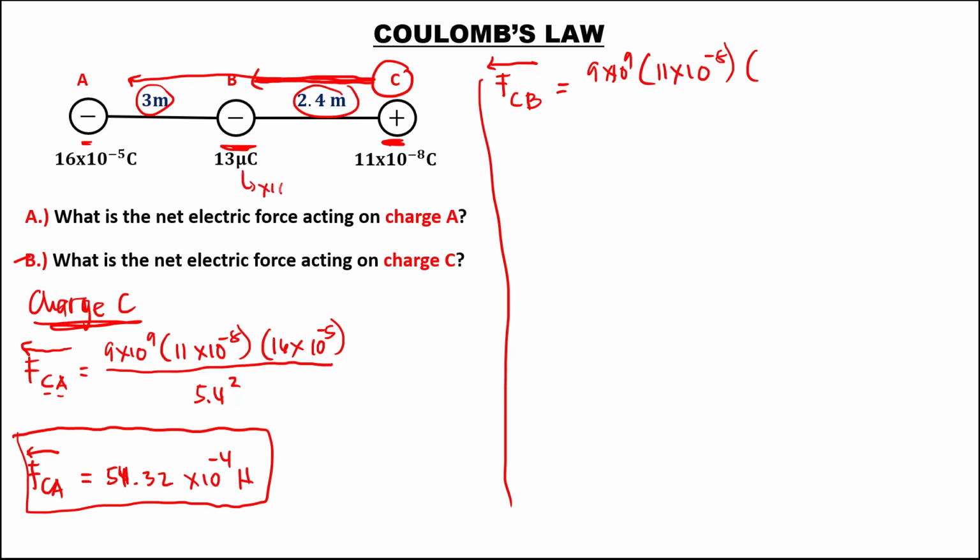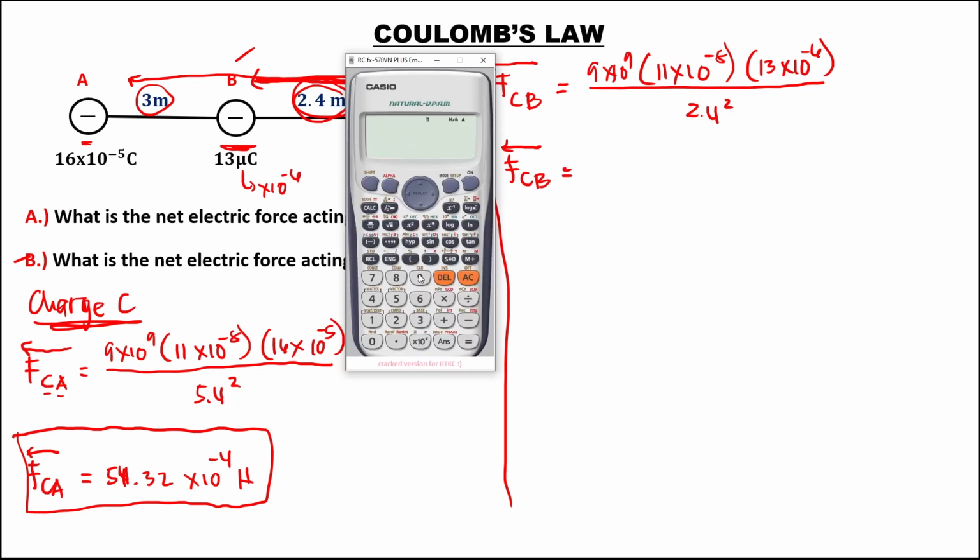So microcoulomb is times 10 to the power negative 6. So this one is 13 times 10 to the power negative 6, then all over the distance between B and C, that's 2.4 squared. So to find now the force between C and B, and again this one is to the left. So we have 9 times 11 times 13 equals, then divide by 2.4 to the power 2.